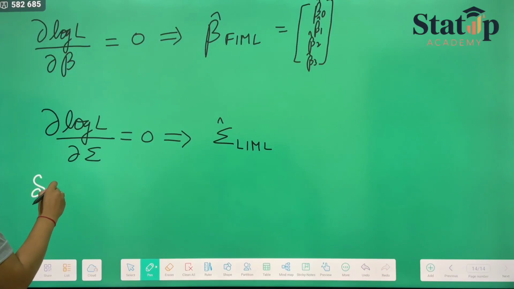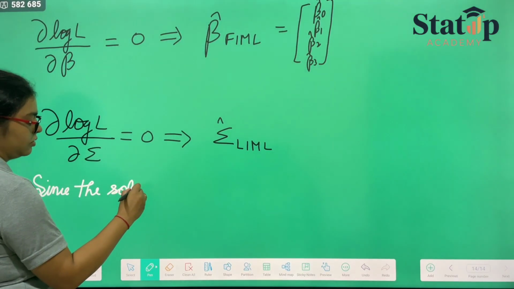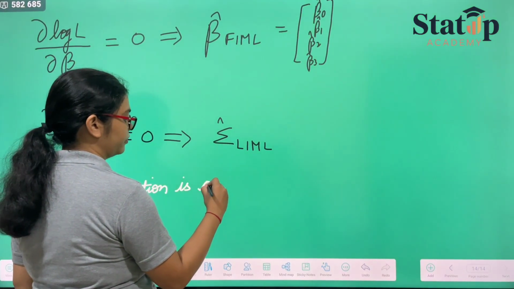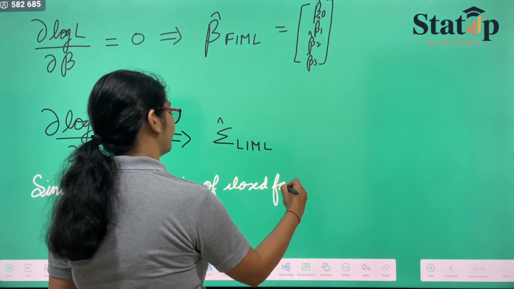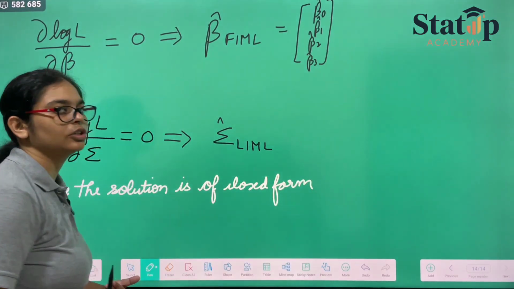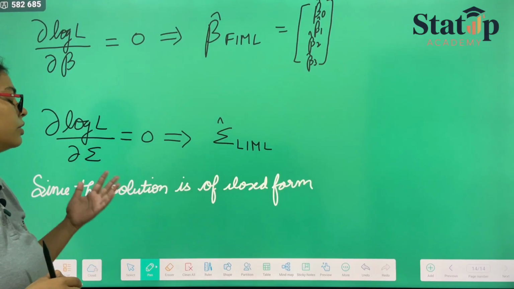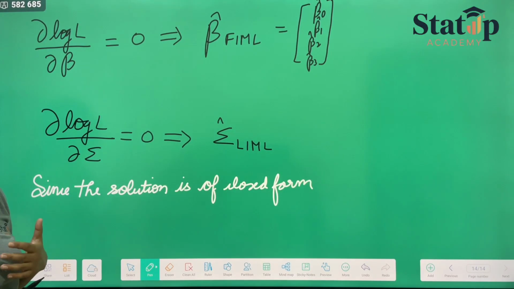Since the solution is of closed form, what is closed form? Closed form is when we get the solution exactly by solving the normal equation. If we don't get it, we will solve it by any iterative method or approximation procedure like the Newton-Raphson method.